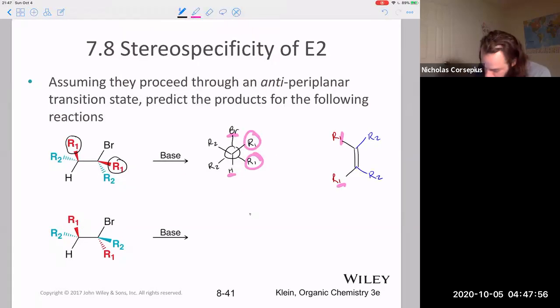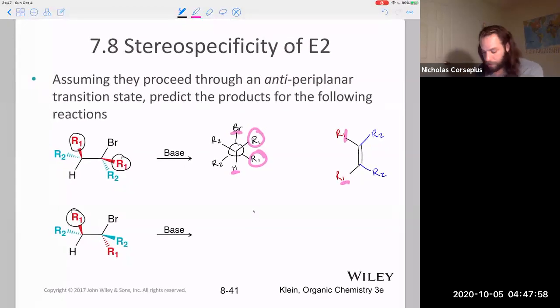Likewise, over here, now R1 is pointed out and R2 is pointed out, so this would lead to some structure where it's R1 and R2 versus R2 and R1.